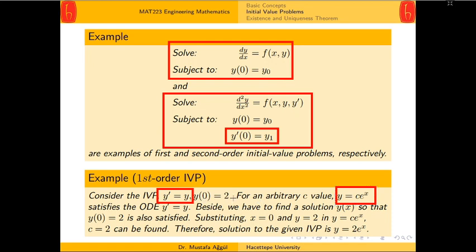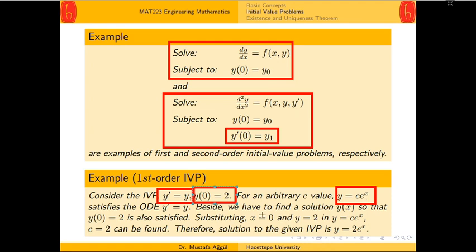And also we are given an initial value. So y of 0 is equal to 2. So this is the solution of the ODE, but not the initial value problem, because we need to consider the initial value as well in order to make it the solution for the initial value problem. So to do that, we need to substitute 0 for x and 2 for y.